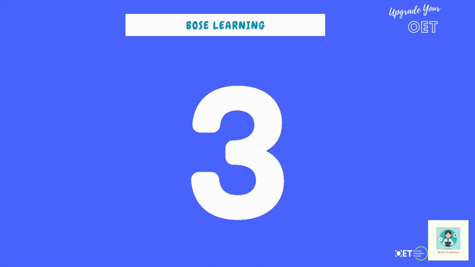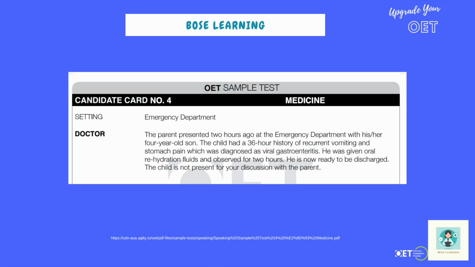Let's have a look at a third scenario together. This time, the setting is very different. It's an emergency department. The parent presented 2 hours ago with his or her 4-year-old son, so you can imagine the panic. The child had a 36-hour history of recurrent vomiting and stomach pain, which was diagnosed as viral gastroenteritis.